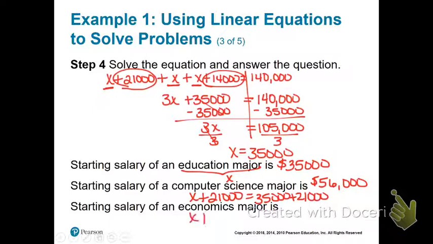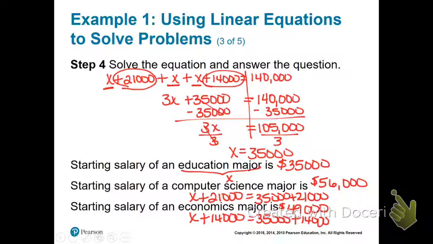And the economics major we said was x plus 14,000. So x was 35,000 plus 14,000, and so we end up with $49,000.